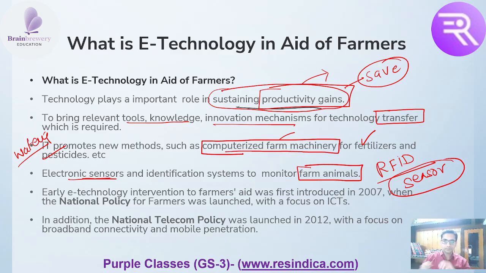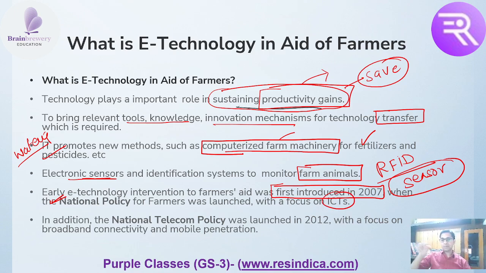This e-technology was first introduced in agriculture in 2007, when the national policy on farmers was launched. The special focus went on internet communication and information communication technologies.